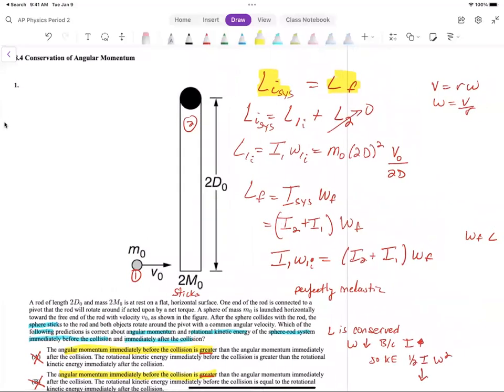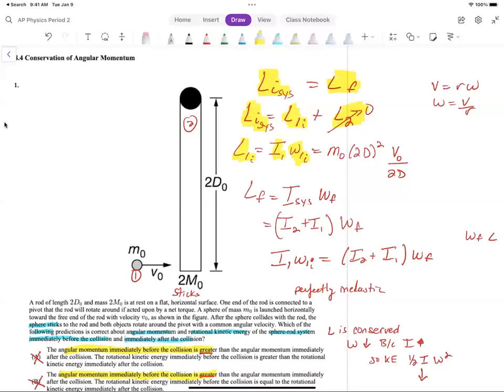I have initial equals final. What's the initial angular momentum of the system? It's the initial angular momentum of object 1, which I called the sphere, plus the initial angular momentum of object 2, which I called the rod. The rod has no angular velocity, so it's 0. So the initial angular momentum is the I value of the sphere times the angular velocity of the sphere.